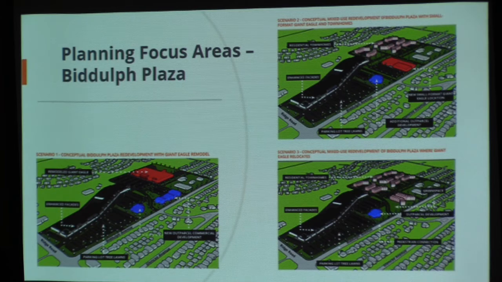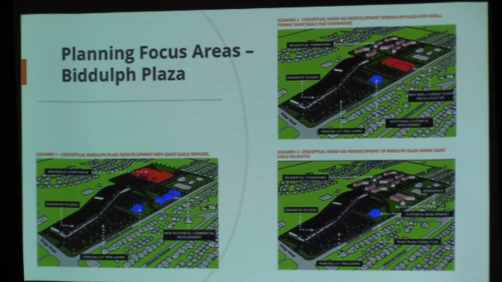And what we try to do with a lot of these is put together some conceptual drawings of what could happen there. What if the zoning were updated and changed in some of these certain areas? So looking at parking lots, whether it's increased landscaping, allowing outparcel development, or updating the facade.